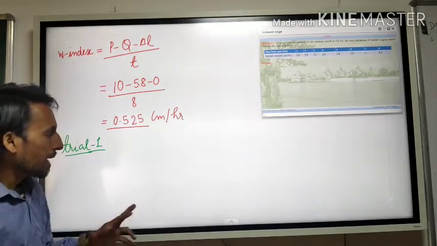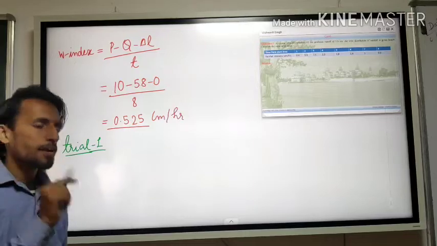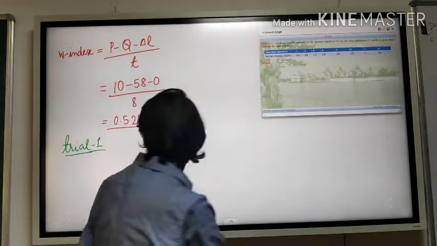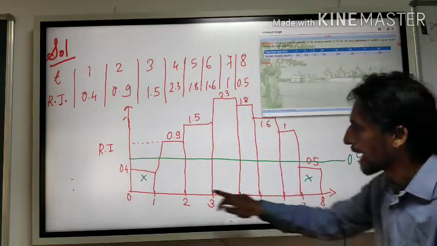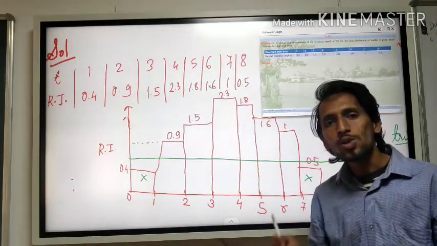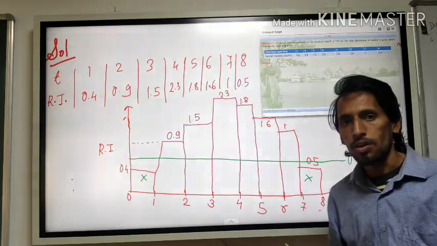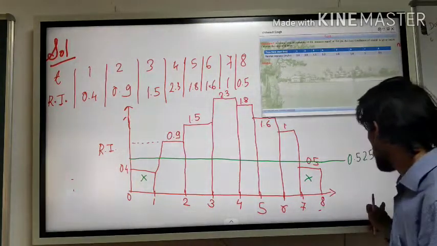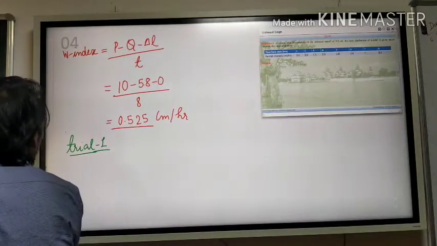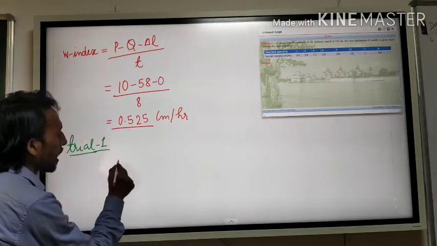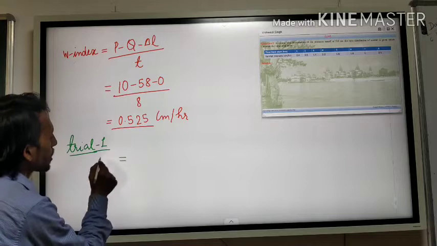Why is it not the maximum value? Because these and these were included in its calculation. So this is not the maximum value. So you have to calculate the infiltration rate again.